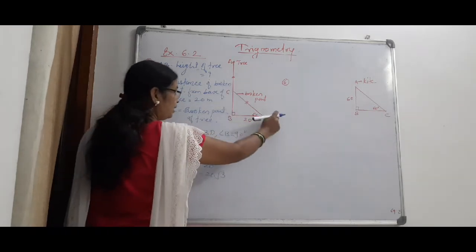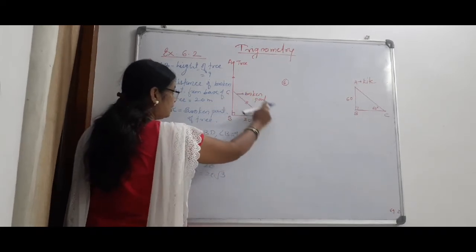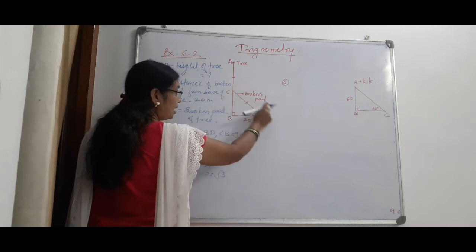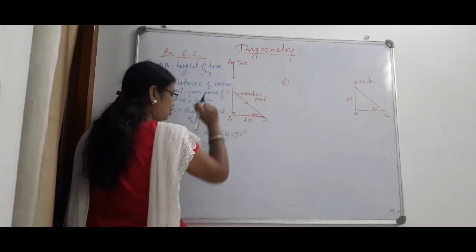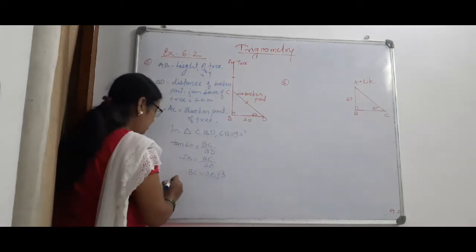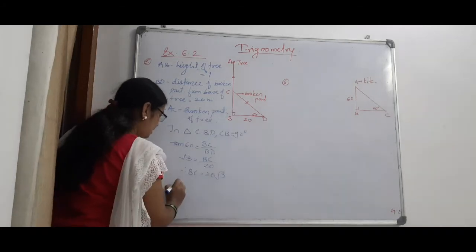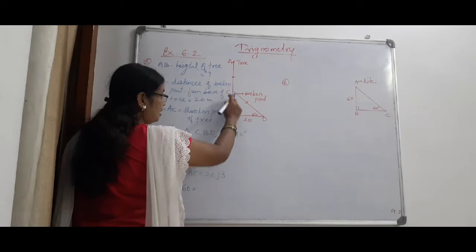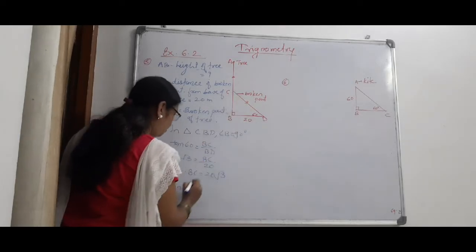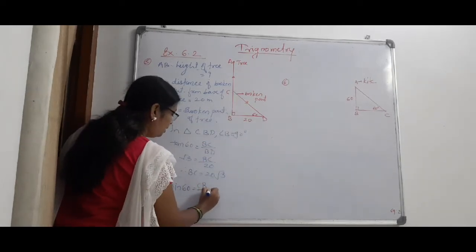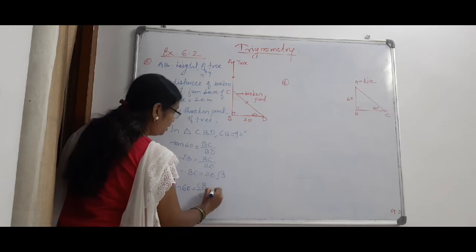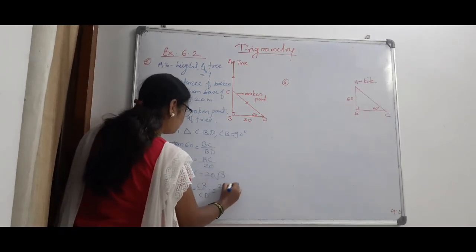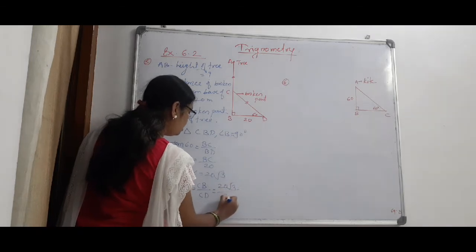And then you have to find out CD. Now CD means here it is the hypotenuse. Now take sin 60. Sin 60 is opposite upon hypotenuse, CB upon CD. Now BC is 20 √3 upon CD.